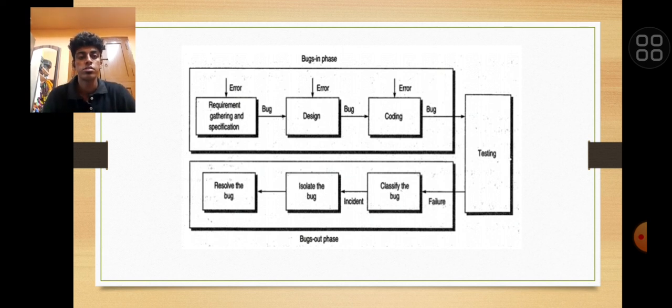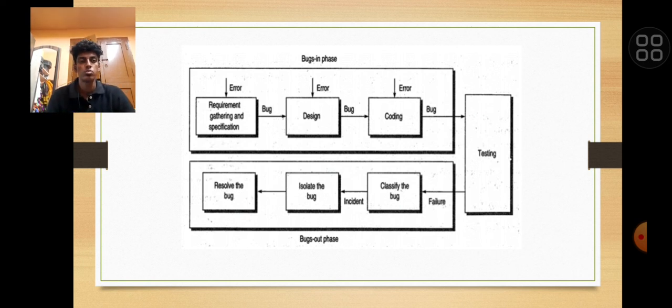In the bug in phase, there are first some errors, then we go for requirements and the output has some bugs. We go for design, and some bugs are there too, then coding, and finally testing.